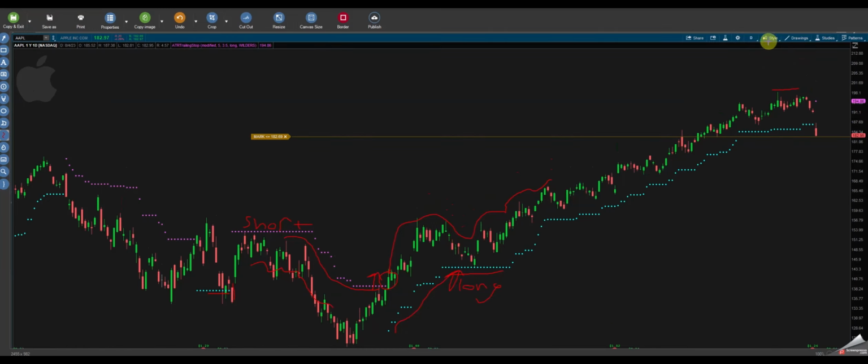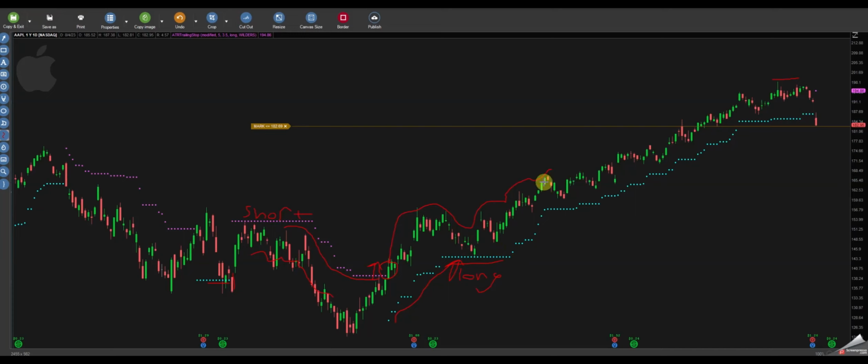I mean, this is a daily chart, but never once did the ATR trailing stop say to go short or to stop out until the very end. See the one little purple dot? That's that it is now suggesting a short position.